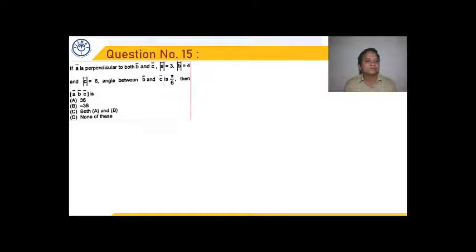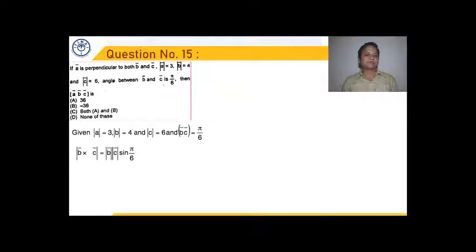A is perpendicular to both B vector and C vector. Modulus of A is 3, modulus of B is 4, modulus of C is 6, and the angle between B and C is pi by 6.